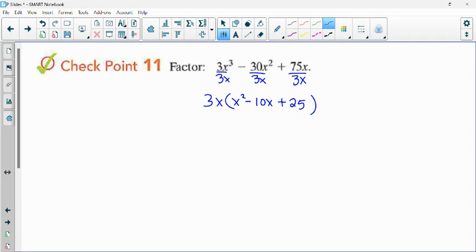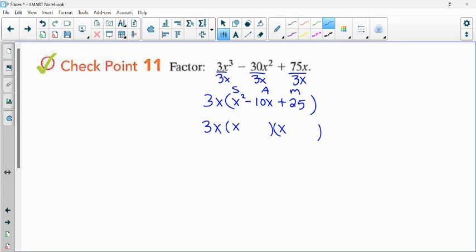All right, we're not done just because we pulled out a GCF. We want to kind of make our way through this flow chart. So we have how many terms in there? We have 3. And what's our coefficient of the x squared? A 1. So that's taking us to the fact that we have to SAM factor this now. So we have our 3x is going to stay in front. We're making our two sets of parentheses.